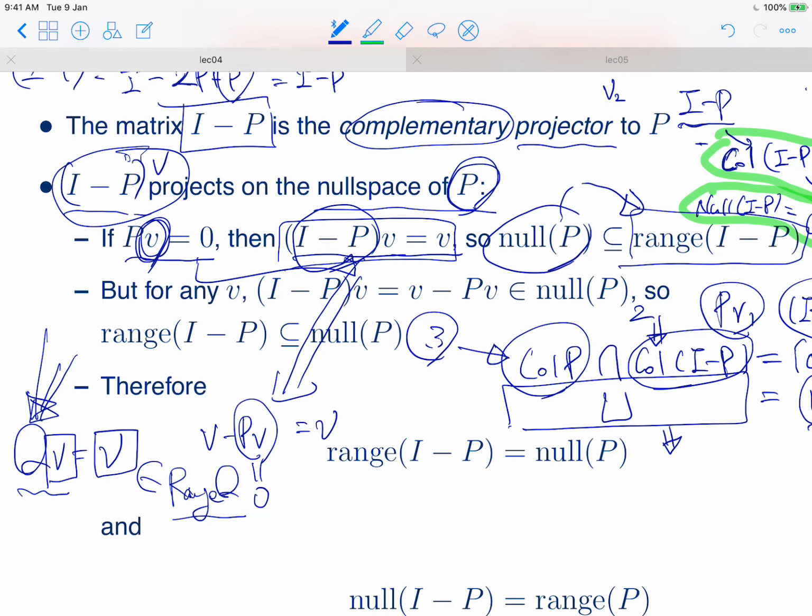We can also prove the other direction as well.